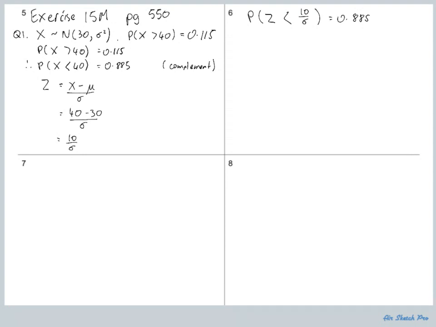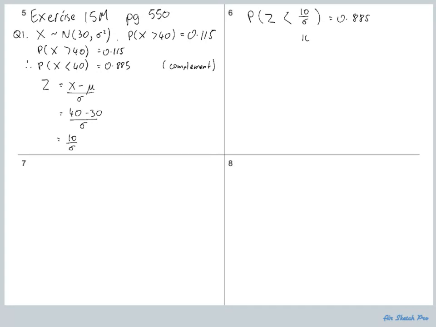Menu 5, 5, we're going to do the inverse normal because we've got the area, 0.885, and we need to work out what A is, where Z is less than A. So choose inverse normal, number 3. The area is 0.885, and the default values of 0 and 1 we leave there because we've standardized this normal distribution. If I press enter a couple of times after 0.885, you should get 1.20.